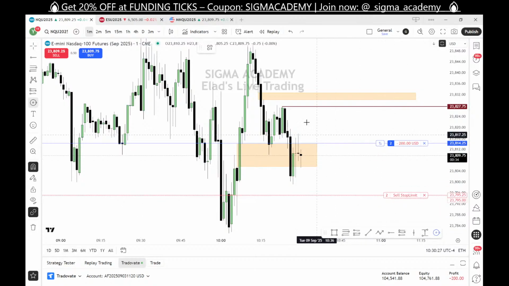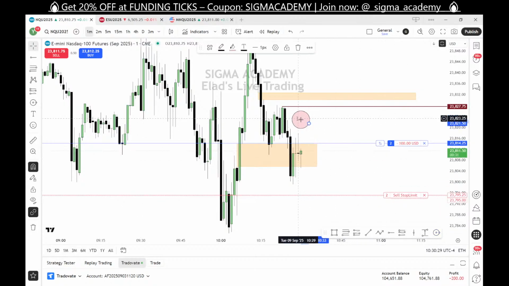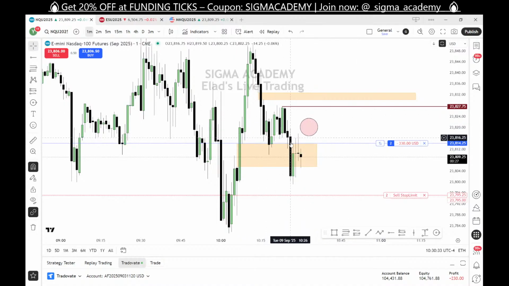Somewhere here, I will add more. Somewhere here, because those short positions will be in a panic once we go above this area.